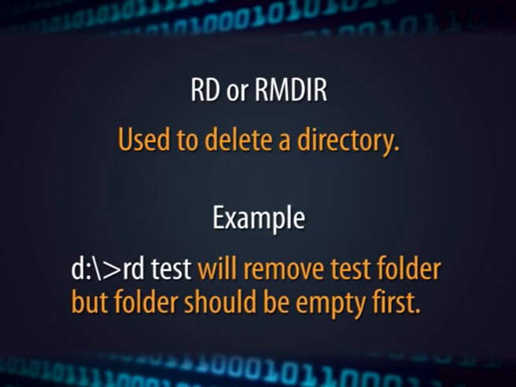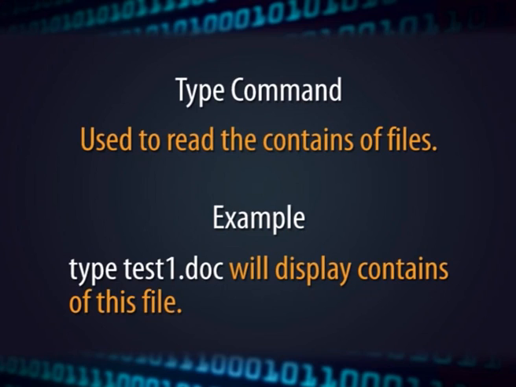For example, d:/ prompt, rd space test will remove the test folder, but the folder should be empty first. The type command is used to read the contents of files, that is type file name. For example, type space test1.doc will display the contents of this file.